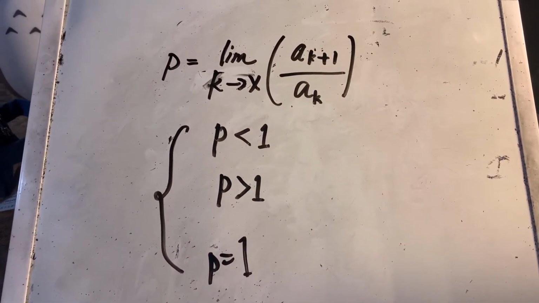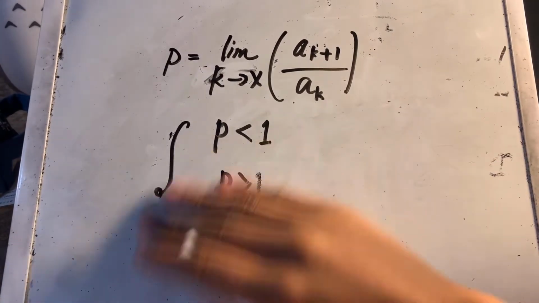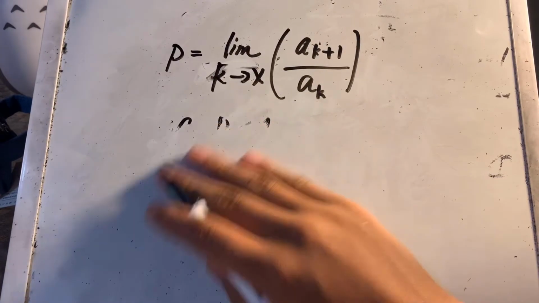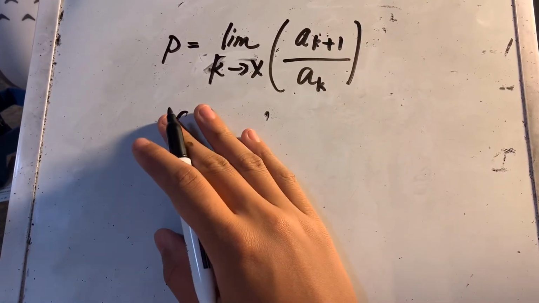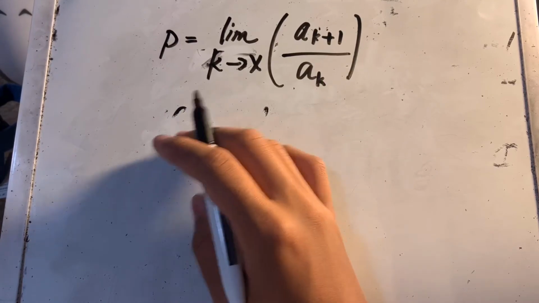What does it mean to be inconclusive? It means change another way. So in this case, let's give an example about how we do it.